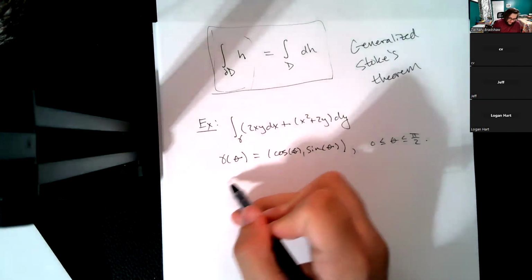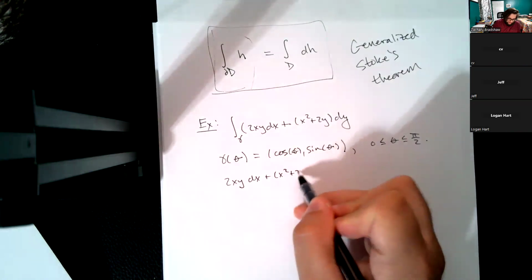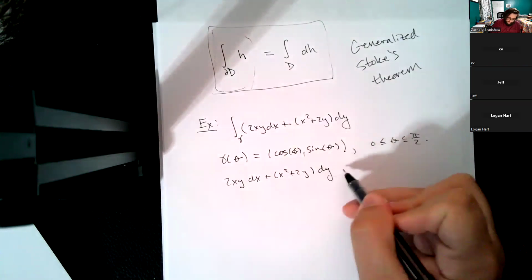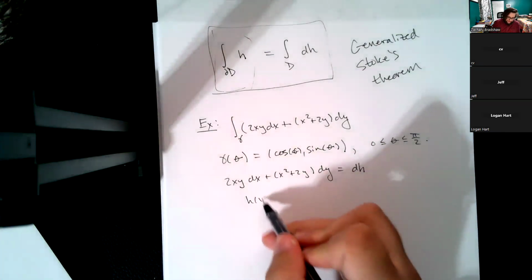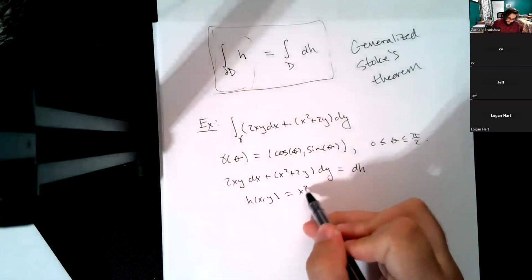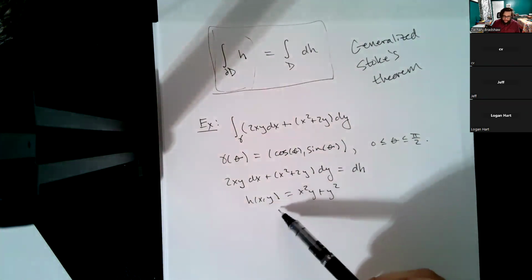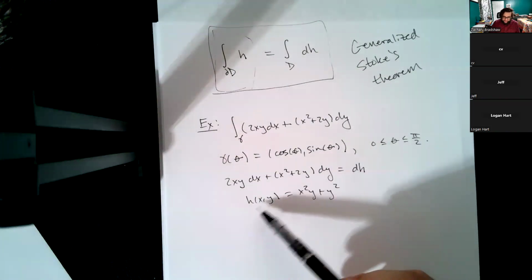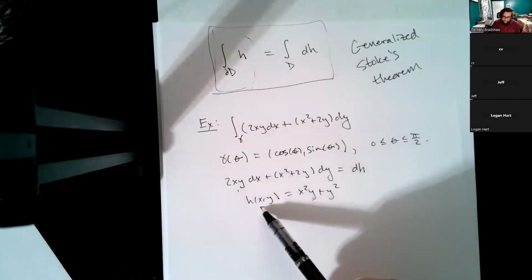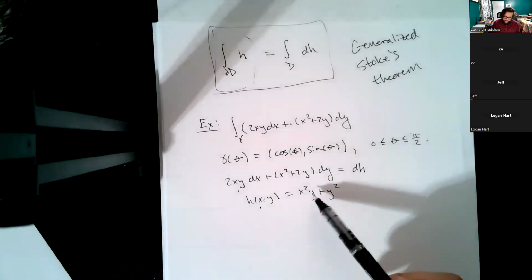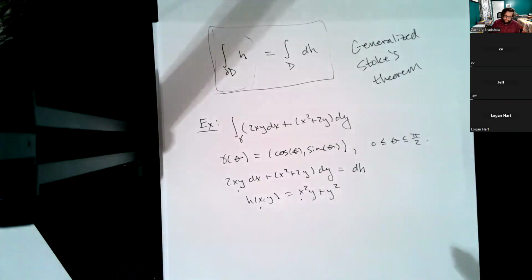So notice that 2xy dx plus x squared plus 2y dy can be written as the differential of a function h, where h is x squared y plus y squared. Right, we can check this. dh/dx is 2xy, that should go here. And then dh/dy is x squared plus 2y, which should go here.